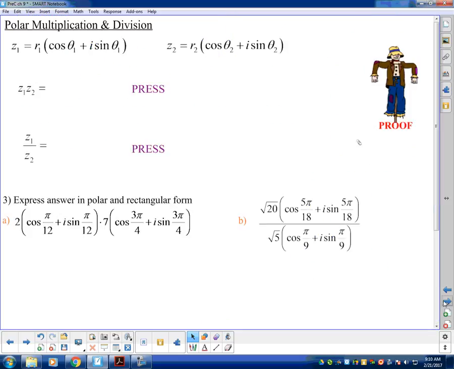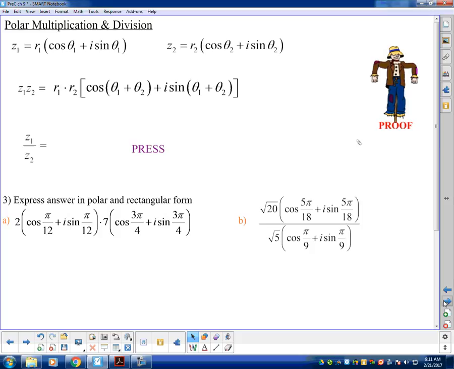Okay, so it says Z1. In complex analysis, we oftentimes use Z to represent a complex number. So Z1, that's subscript 1, equals r1 cosine theta 1 plus i sine theta 1. And if Z2 is r2 cosine theta 2 plus i sine theta 2, then the formula for Z1 times Z2 is the following.